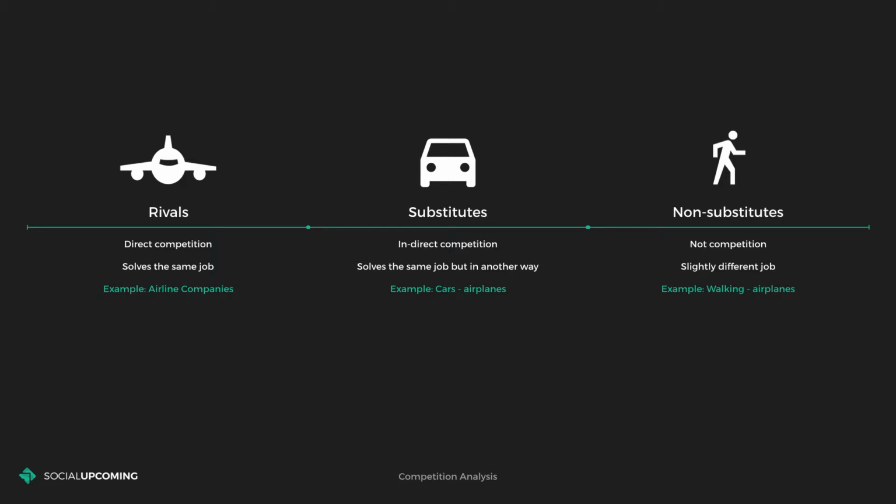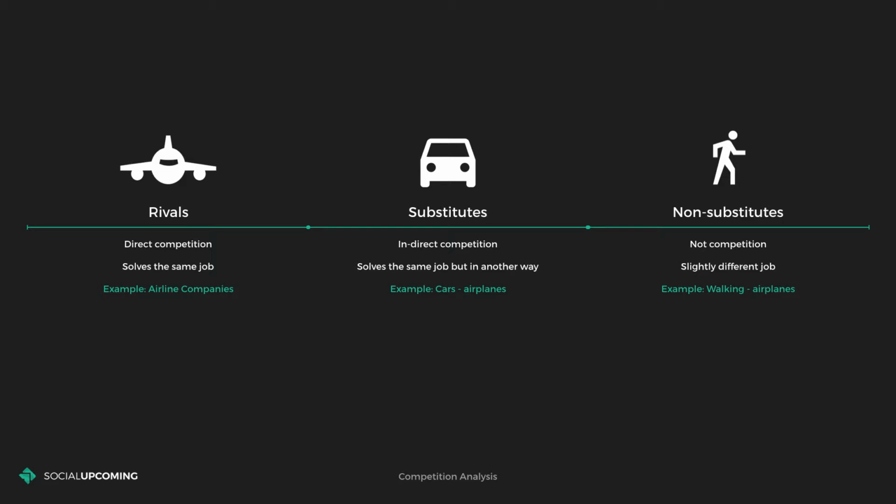And a direct competition in this area would be airline companies, because they perform the same job. So let's say that the job or the solution would be travel by air. And helicopters are a lot slower, so they are not competition.